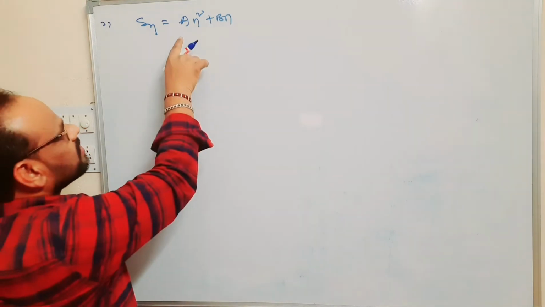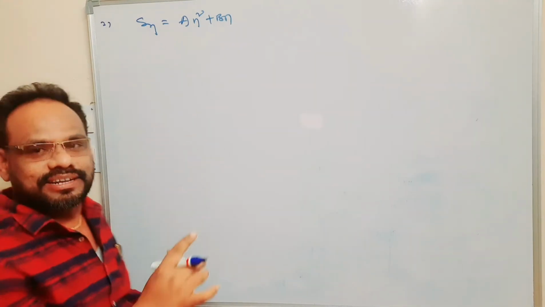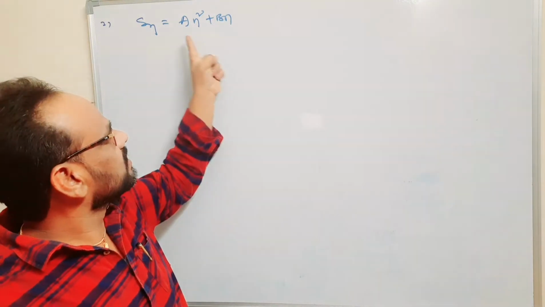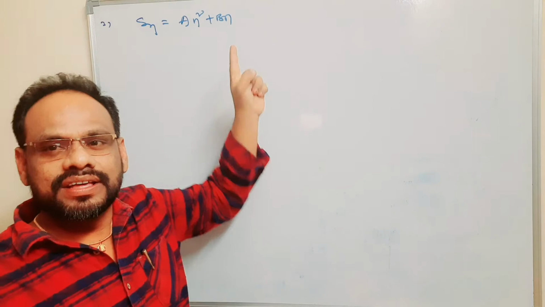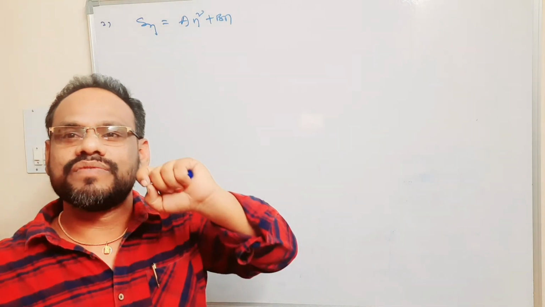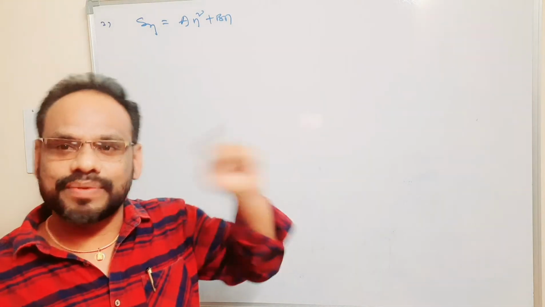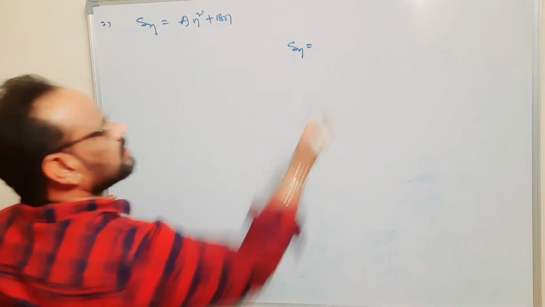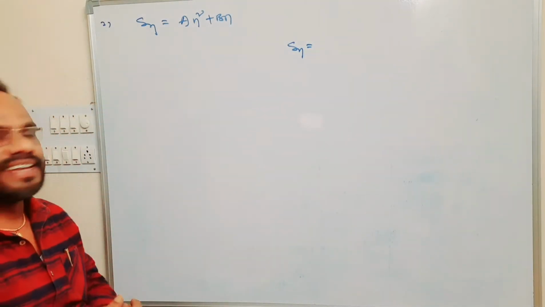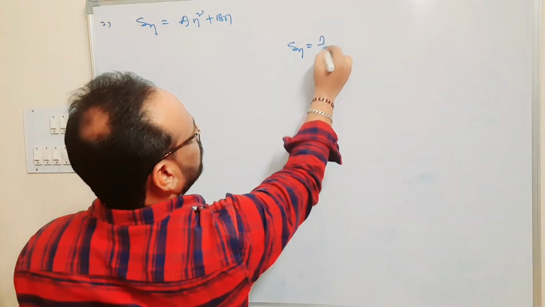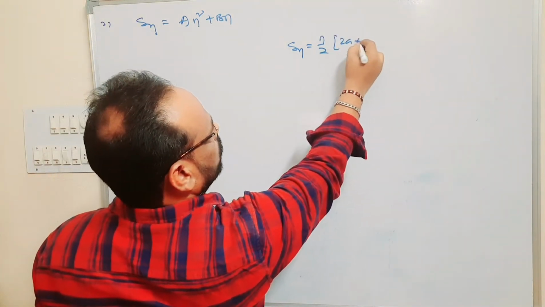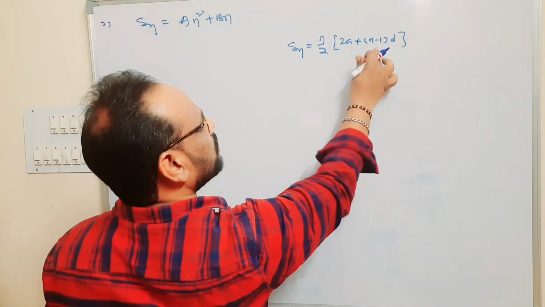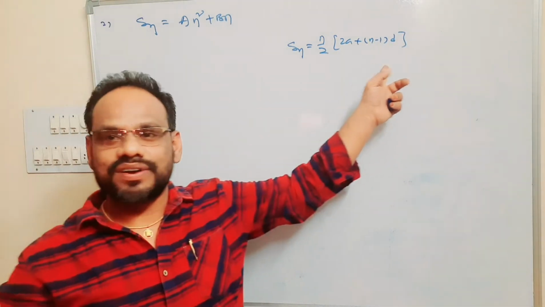Whenever they give the sum of n terms as an square plus bn, the given sequence is always in arithmetic progression. Why? We know that the sum of n terms of an arithmetic progression, Sn, is equal to n by 2 into 2a plus n minus 1 into d. If you multiply n by 2 into this, we get a quadratic expression.